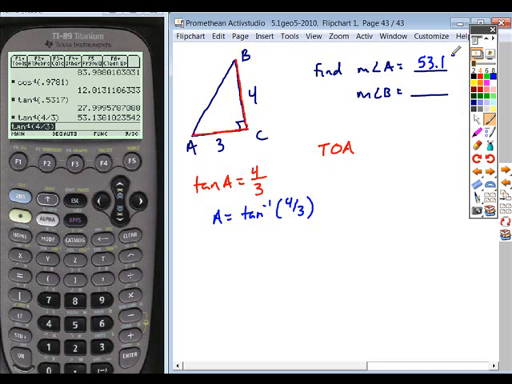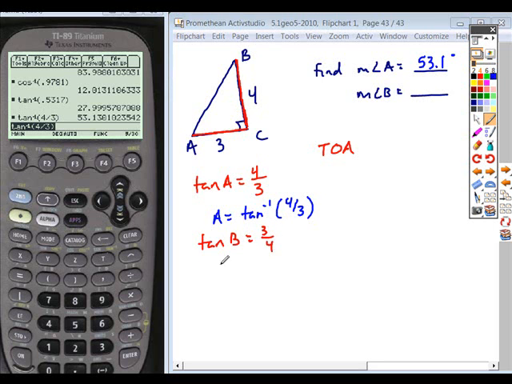Okay. And let's test angle B. So based on the information that's provided, which trig ratio can relate sides opposite B and adjacent to B? Also the tan, right? So I can take the tangent of B is equal to the opposite 3 over the adjacent 4.